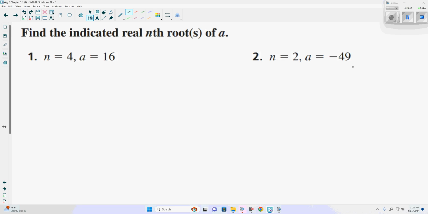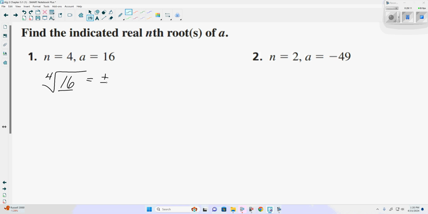N is 4, a is 16. So here we're looking for the 4th root of 16. Since we have an even root, we're going to have none, 1, or 2 solutions. Since the number inside is greater than 0, we have 2.